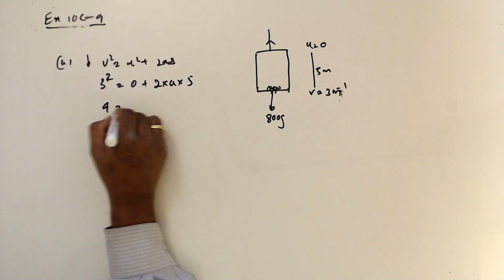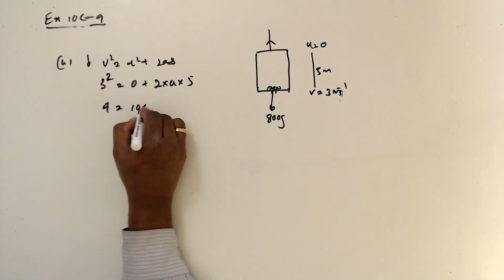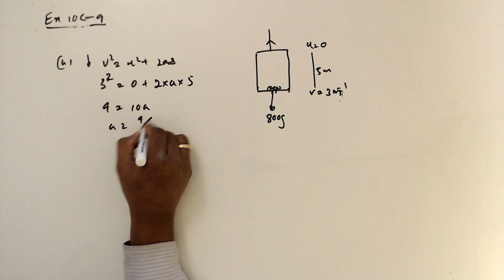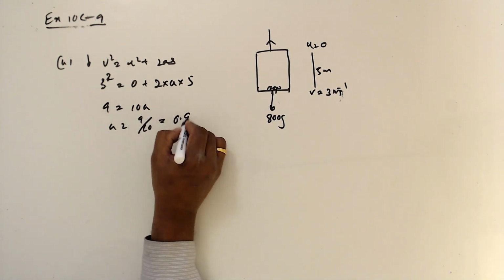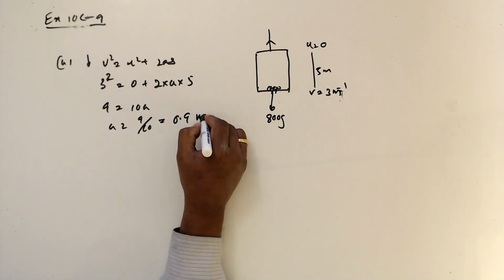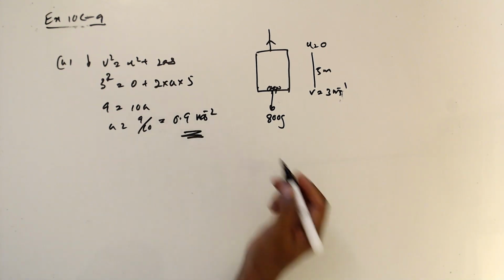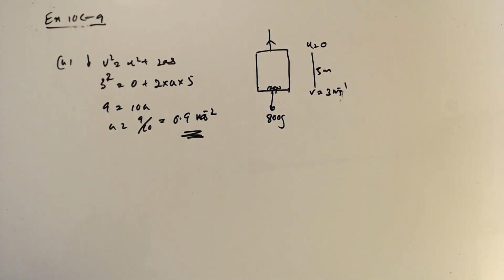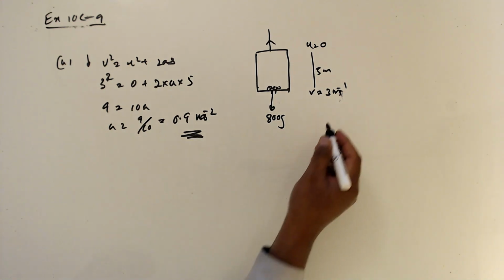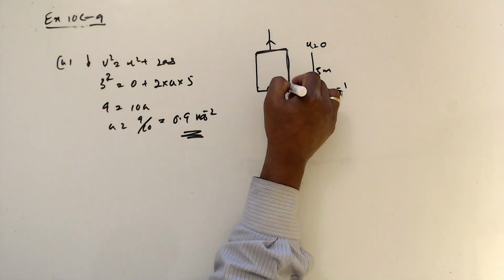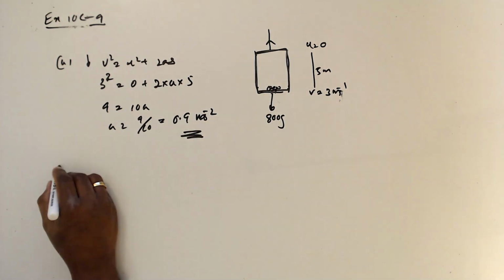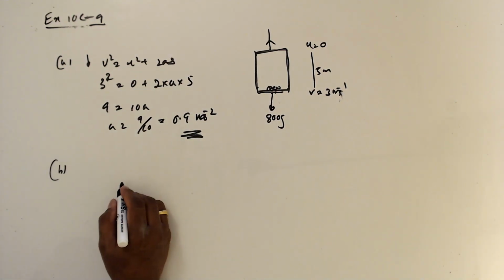So 9 equals 10a, a equals 9 divided by 10, 0.9 m/s². So this is the acceleration of the lift. And part B, the tension of the rope.